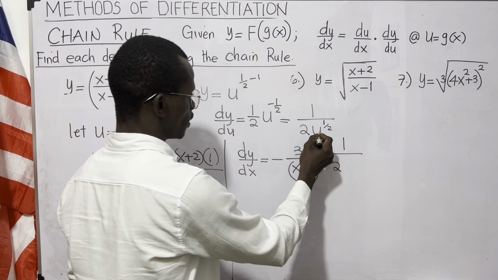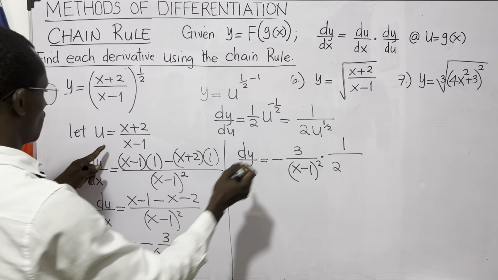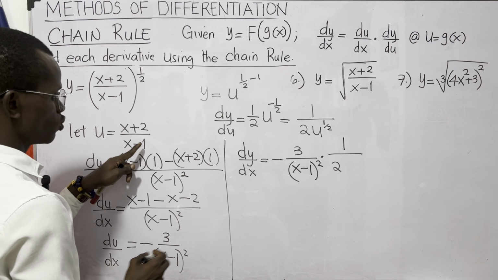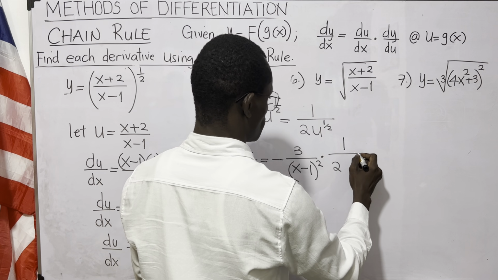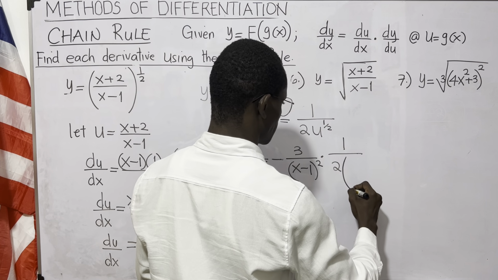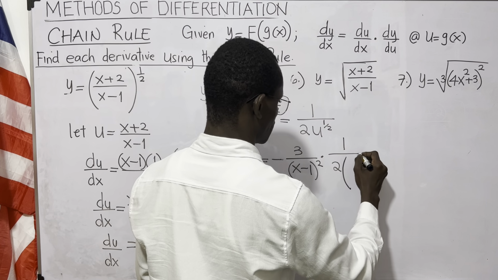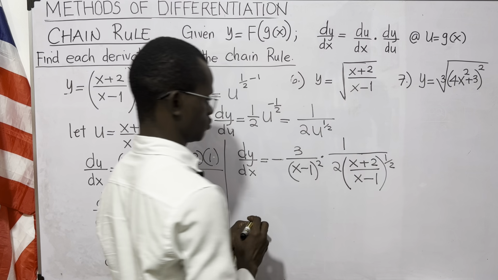Then this u, what is u? U is x plus 2. So remember, u is down here, right? So it's x plus 2 all over x minus 1. That is u raised to the power 1 over 2.